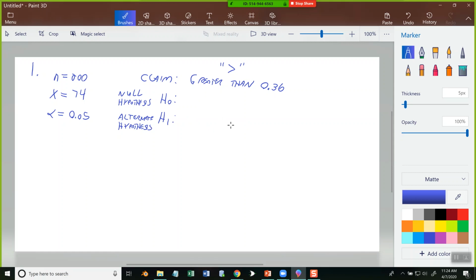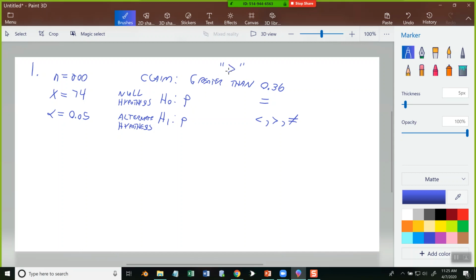The only symbols you can put on the alternate hypothesis are less than, greater than, or not equal to. The only symbol you can put on a null hypothesis is an equals. In this section we're dealing with proportion, so this would be P for population proportion.